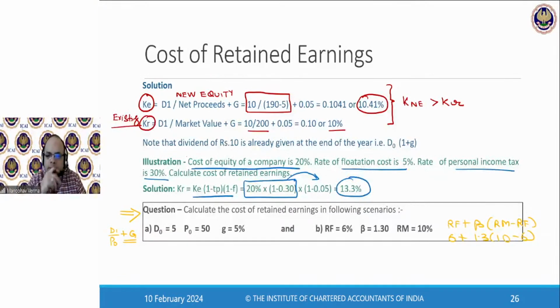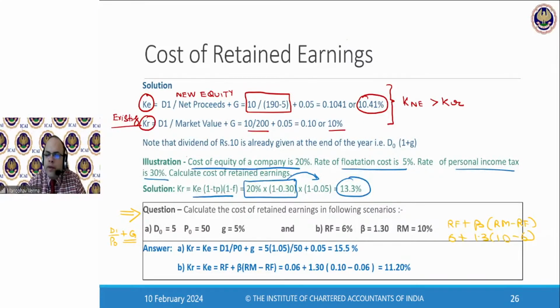So I believe most of you got your answers correct. I think I could see 15.5 and 11.2 from Latesh, Surendra, Sudala, and also Preeti and Mansi. Very nice, guys.